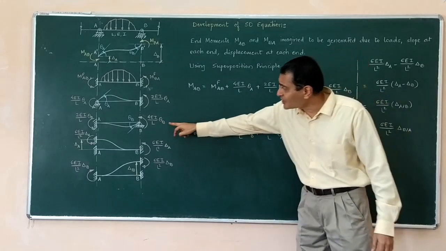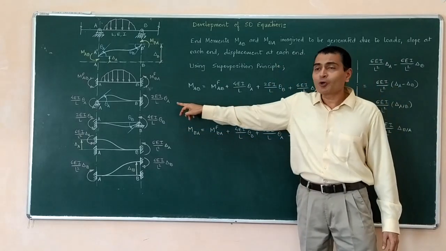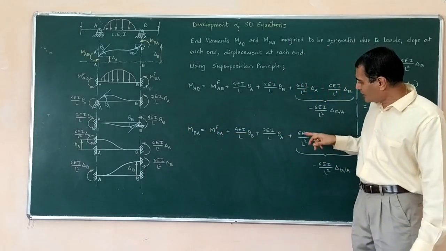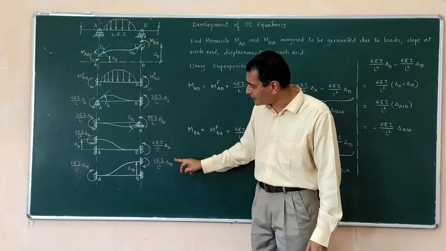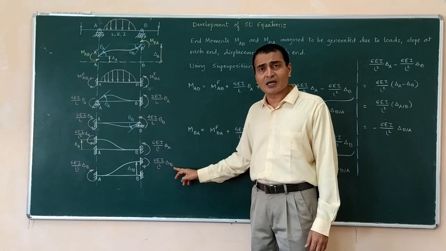So I am first writing this term 4 EI upon L into theta B plus 2 EI upon L into theta A, another contributing factor, and then last two terms you are observing here, 6 EI upon L square into delta A and, clockwise, so negative 6 EI upon L square into delta B.